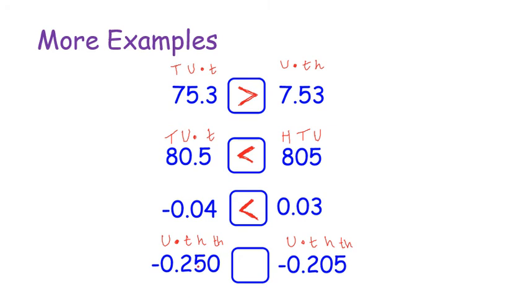So even though 250 is greater than 205, negative 0.250 is actually less than negative 0.205 because it is a larger negative number. So it's going to be more towards the left-hand side of 0 on your number line. So this one is more negative.